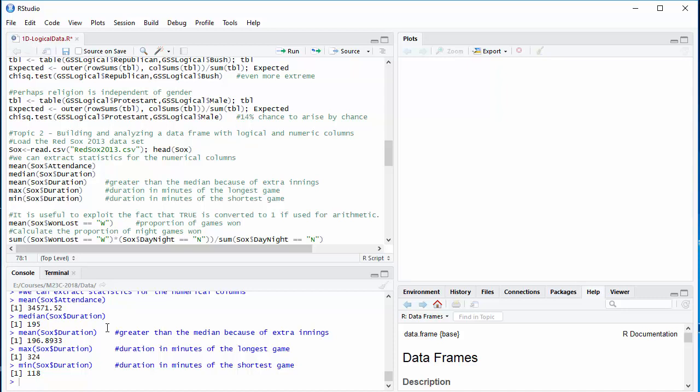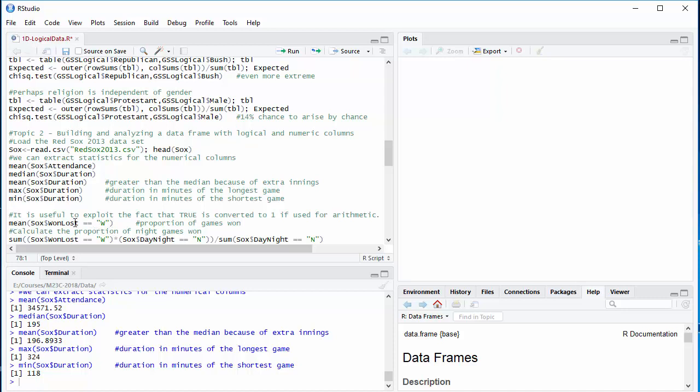Now let's start exploiting the fact that if we use the value true in an expression that's looking for a numeric value, it converts true to 1. So think about Sox 1 lost is equal to W. That's true if the Sox won the game.